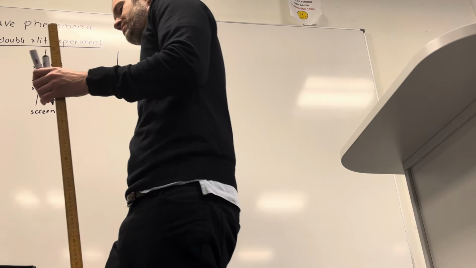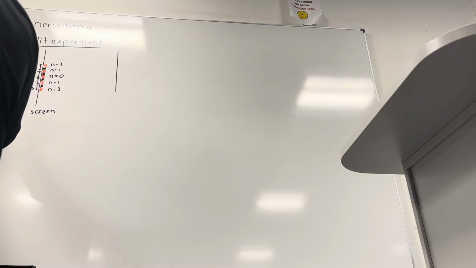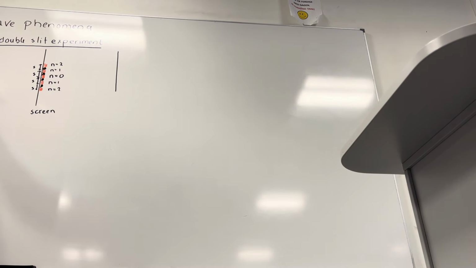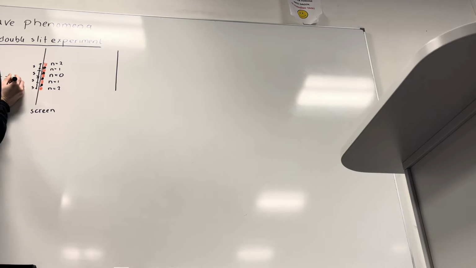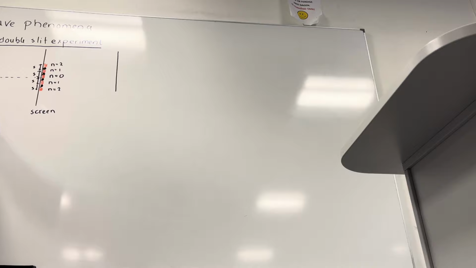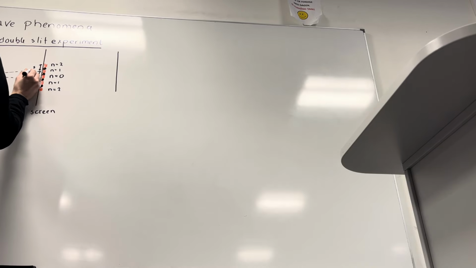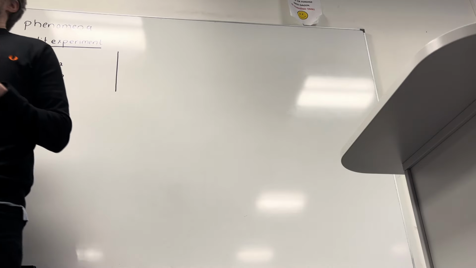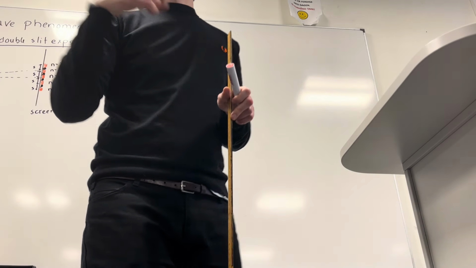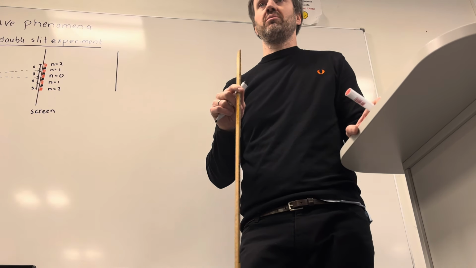If I measure this angle here, I take the central line from the midpoint to the central maxima, and I take the line to the first maxima, I get a theta. For Young's double slit, this theta will be very small.